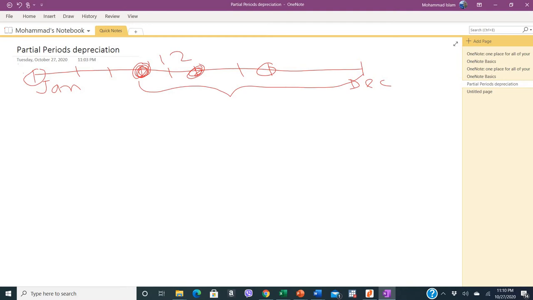Say, for example, on March 31st, we have acquired an asset, and the value of the asset is, say, $50,000.